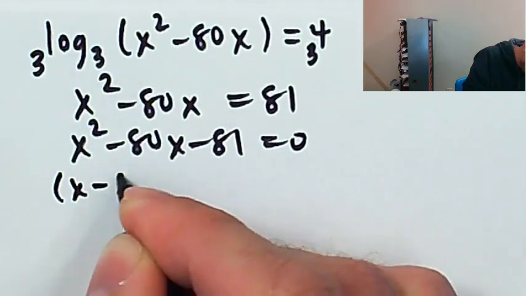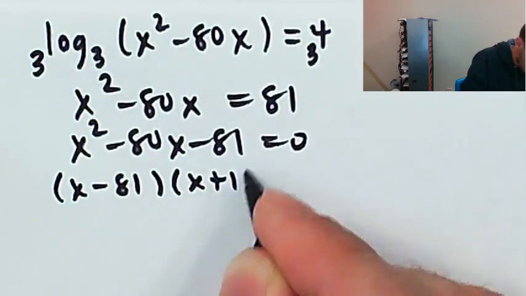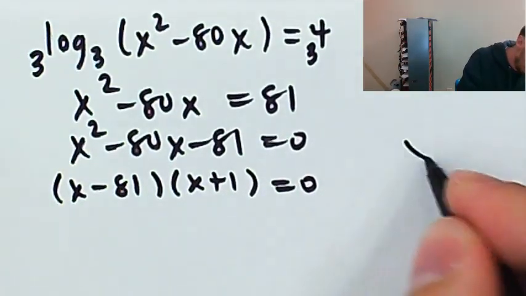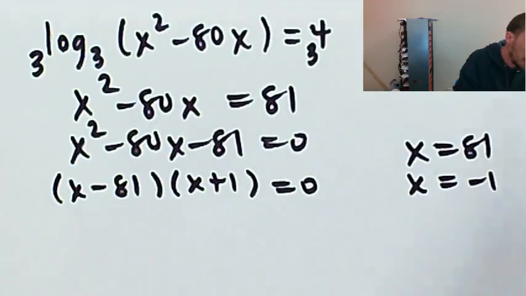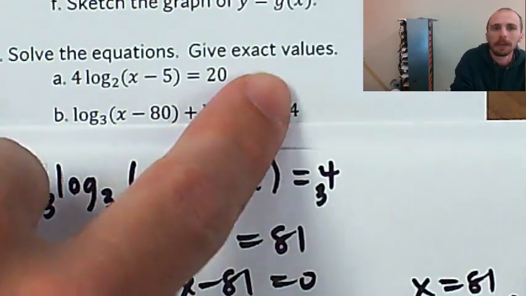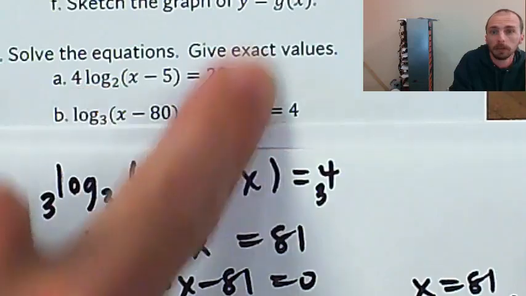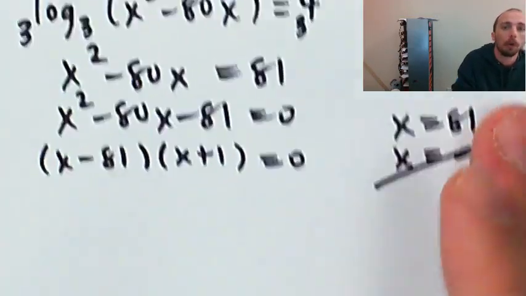So I've got x minus 81 times x plus 1 equaling 0. Okay, that would give me x is either equal to 81 or x is equal to negative 1. Negative 1 is going to be an extraneous solution, not just because it's negative, but because it causes me to take the log of a negative number. It actually causes me to do it twice. Okay, so that's going to be an extraneous solution. We're just going to have x equals 81 only.